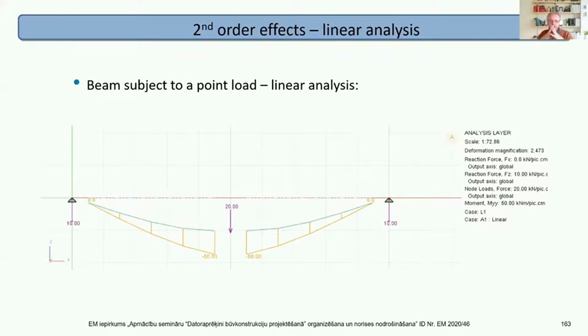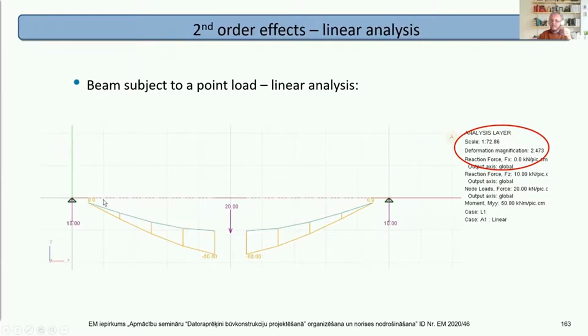So, other second order effects we might have. Here we have a simply supported beam, and we've got a point load in the middle, and we get a bending moment out. All well and good. But there's something not quite right here. This is a linear analysis. You see in the readout here, it's saying the deformation magnification is 2.5.